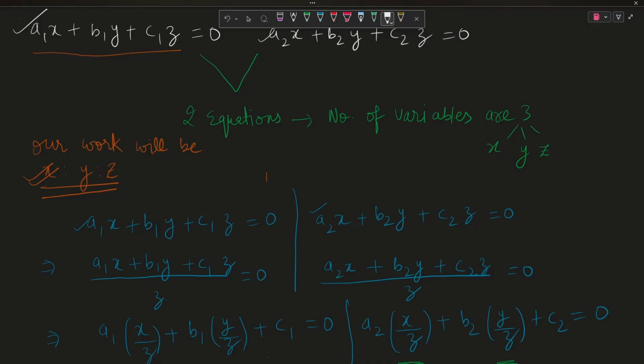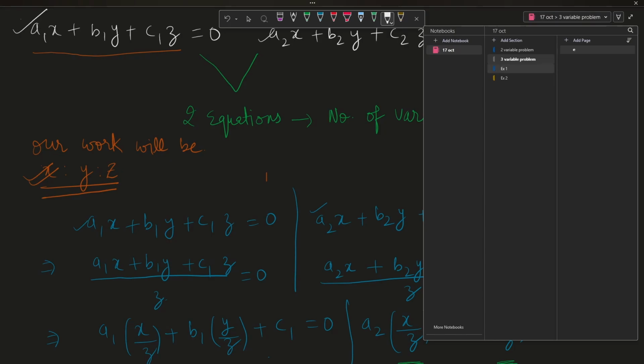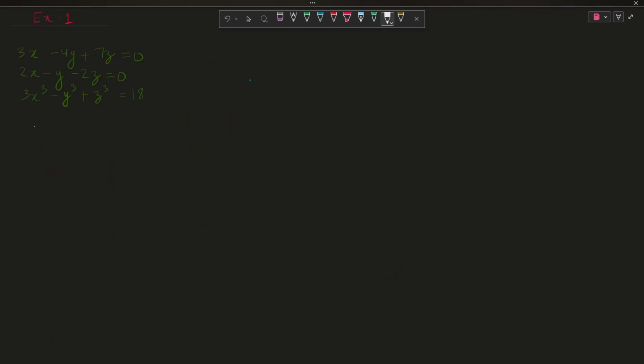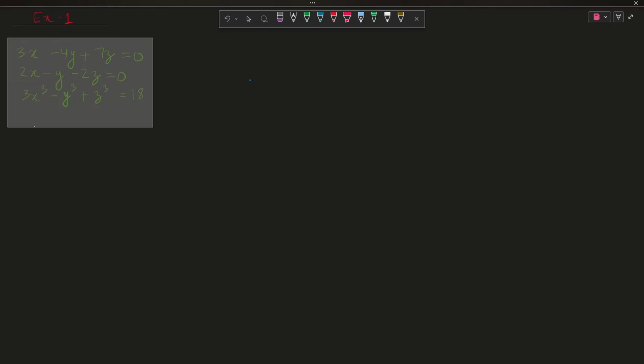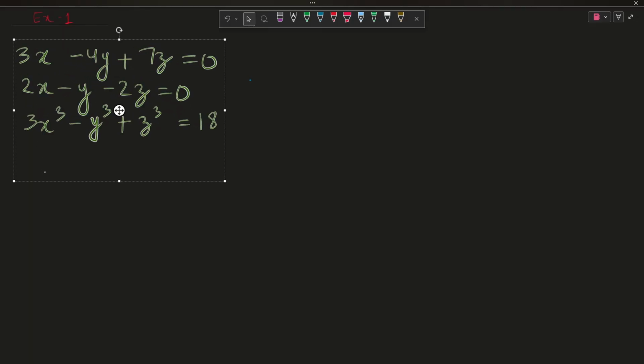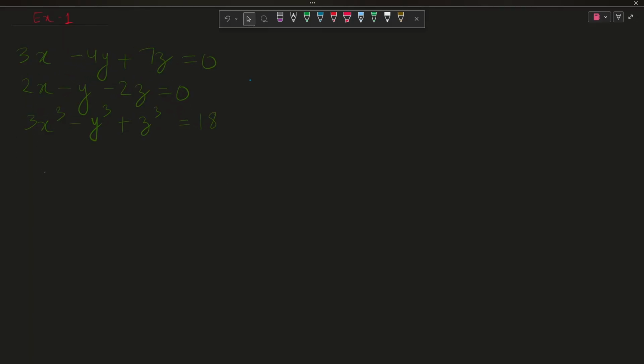I've taken one example. If you want to try, you can give it a shot. Let me zoom a little bit. So if you want to try, you can pause and take a shot at this example. Those who want to see the solution can continue.